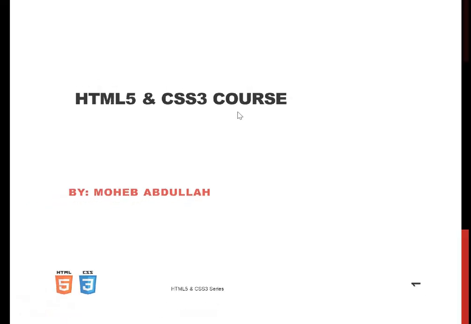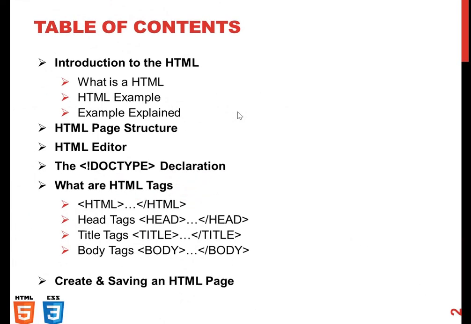As you can see in this slide, which is table of content, and this slide actually will be the first part of our course, or the first slide of table of contents, in which we will cover many topics. First of all, we will introduce you to the HTML. What is HTML? HTML example.